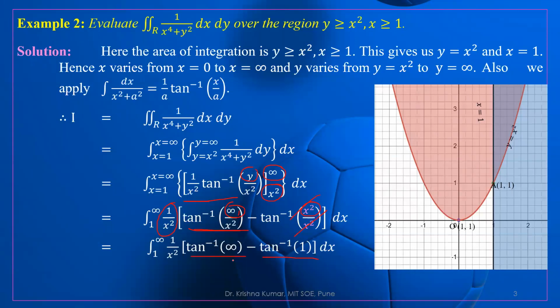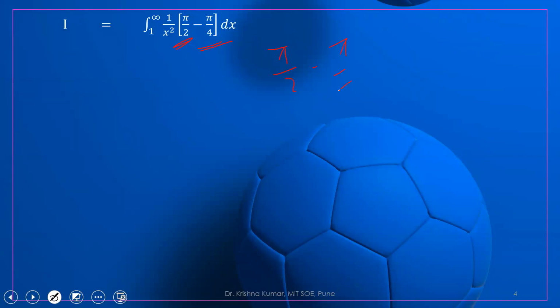So let us go to the next step. What is the next step? Tan inverse of infinity is pi by 2 and tan inverse of 1 is pi by 4. So what is pi by 2 minus pi by 4? Pi by 2 minus pi by 4 is equal to 2 pi minus pi upon 4, meaning pi by 4.